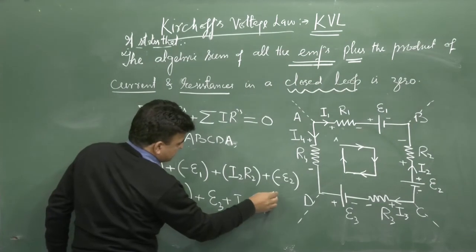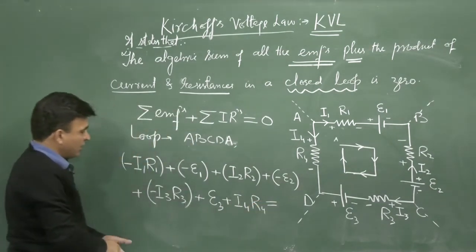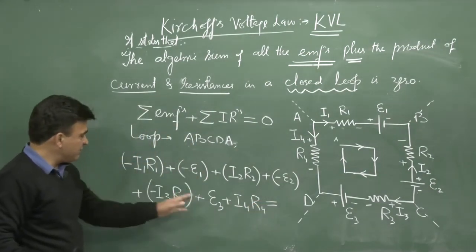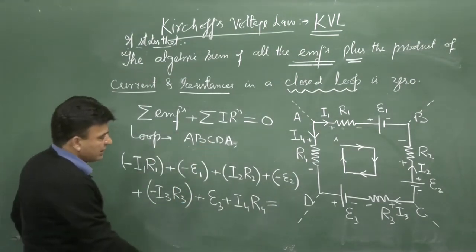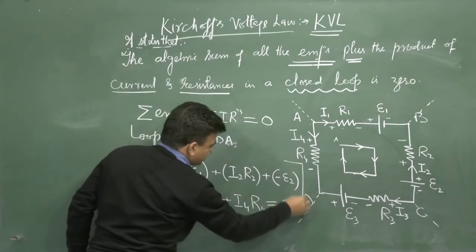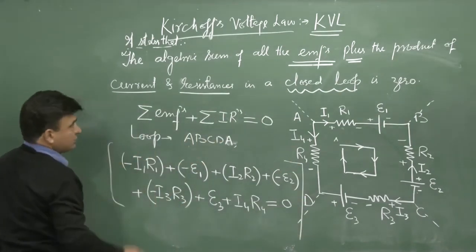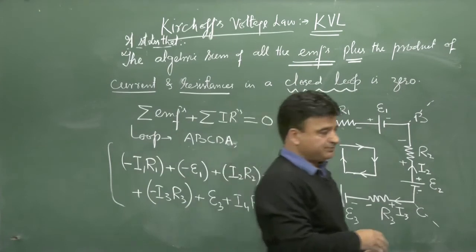The algebraic sum of EMFs and the products of current and resistances in a closed loop is equal to 0 according to Kirchhoff's voltage law.